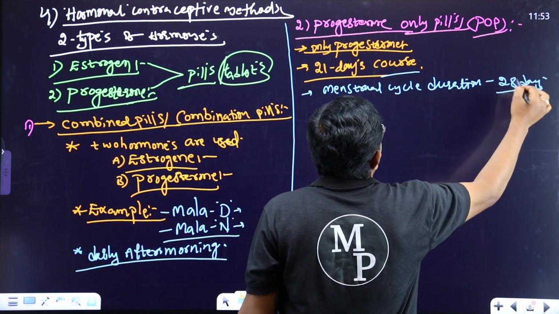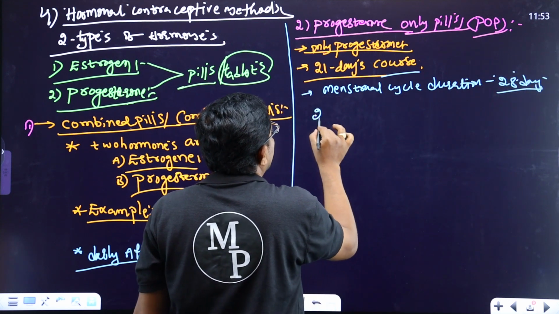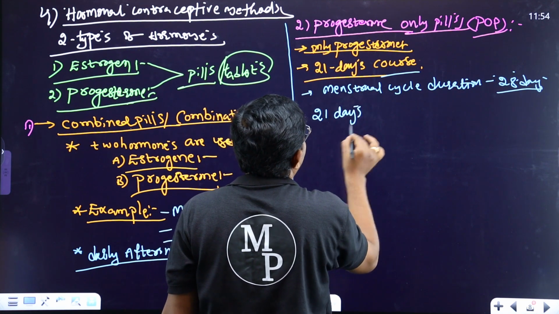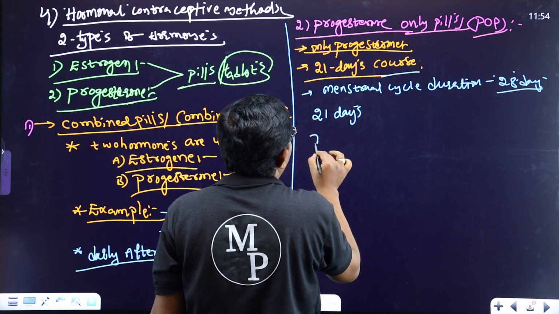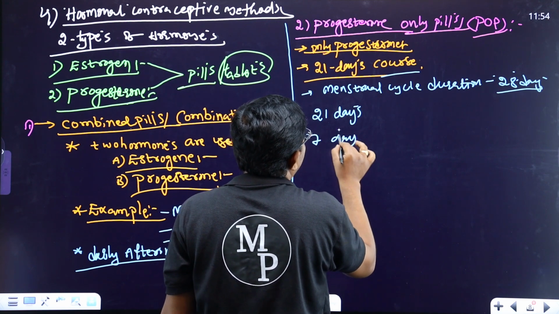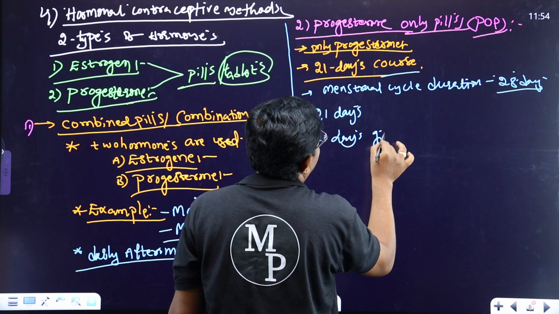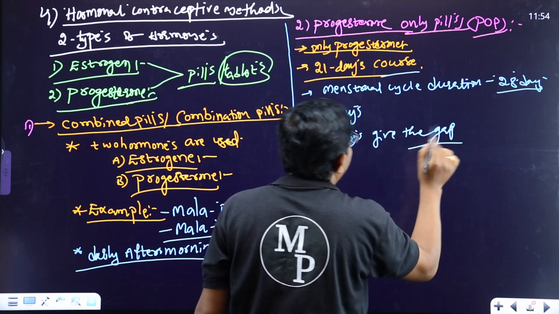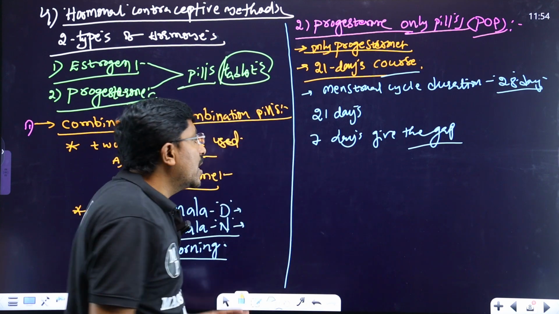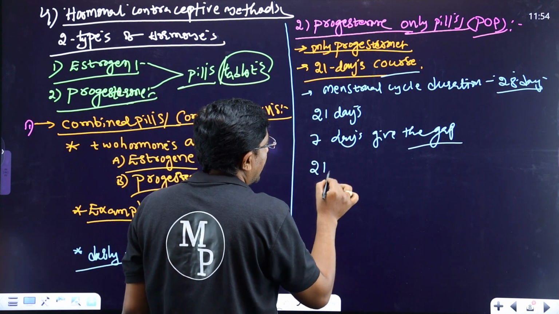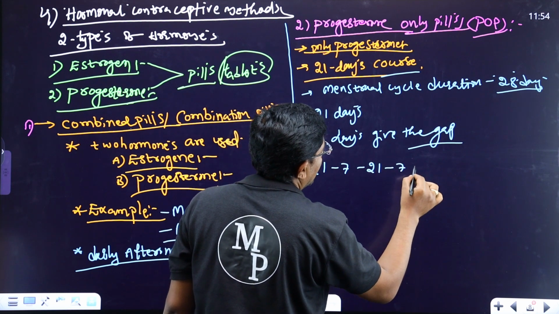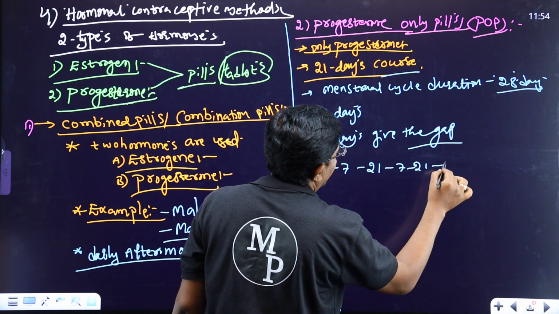In these 28 days, these progesterone-only pills are used for 21 days, and then a 7-day gap is given. Then again after the gap, continue the 21 days. It means 21, 7, again 21, 7, again 21, 7.